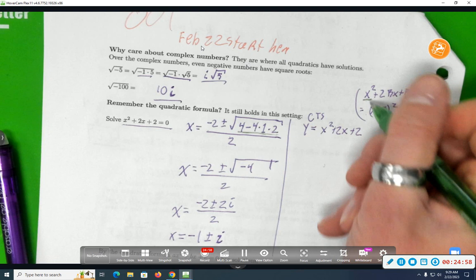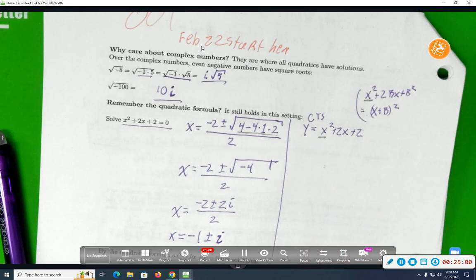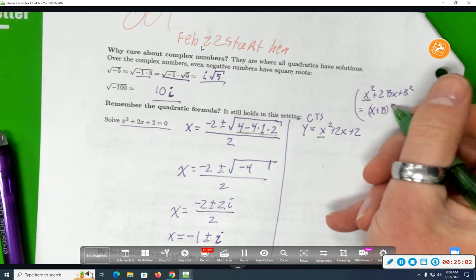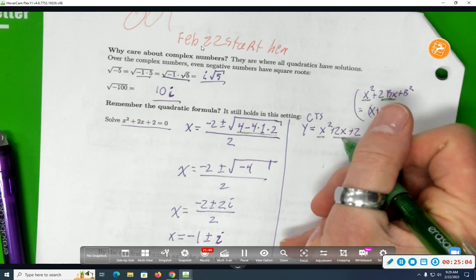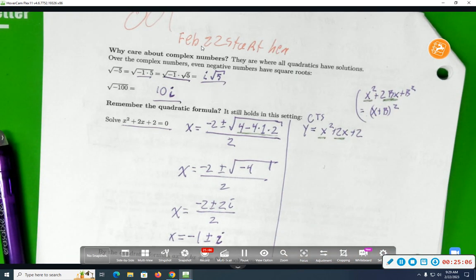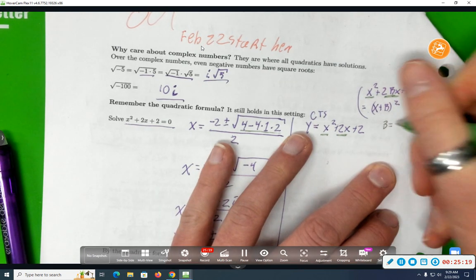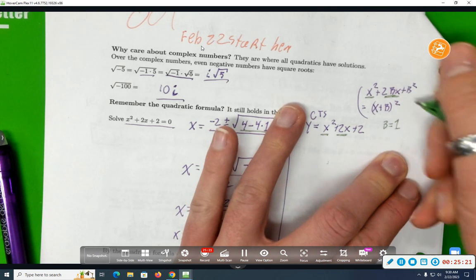So, first thing first, I see an x squared. That's good. I would like to see a 2 times b times x. I see a 2x. So what seems like a good choice for b? 1. 2 times 1 is 2. So it sure looks like b equals 1 should work.